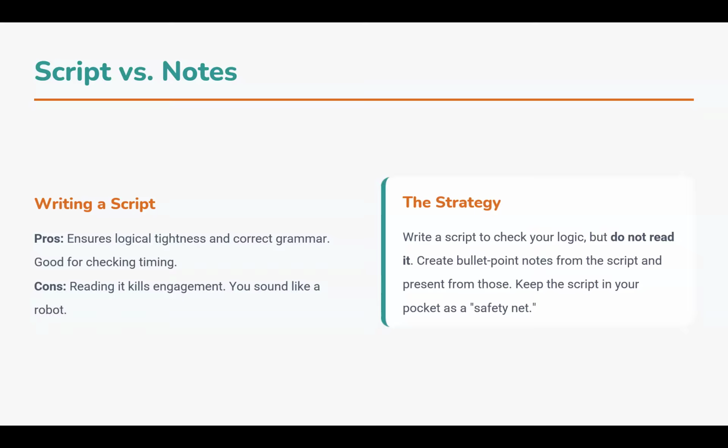If you write a story, you are developing your narrative, though whether you are going to use it or not is a different matter. Write a script, and write it by yourself. Then you know the whole story before you perform it, right? The con of writing a script is, if you are going to write a script and read it out, it kills your engagement with the audience.